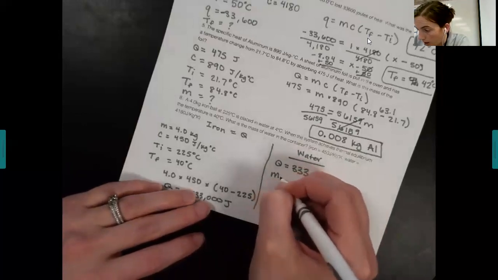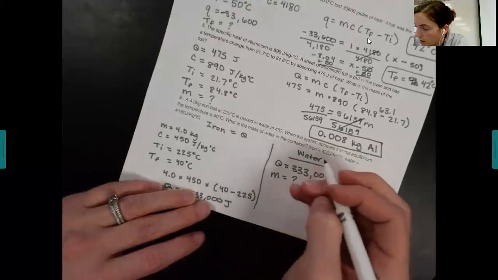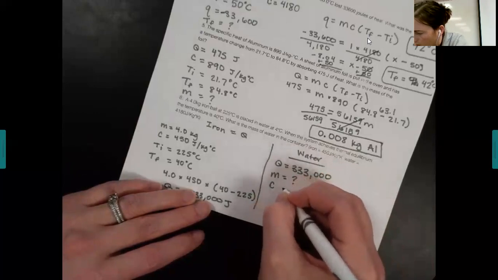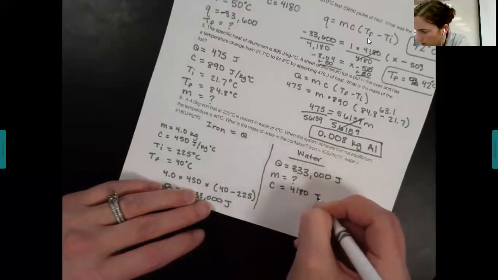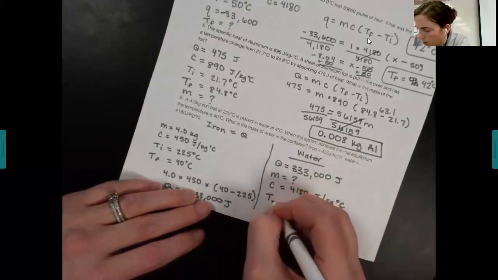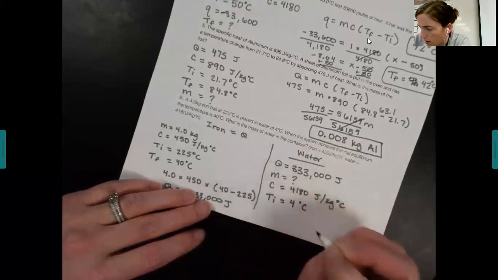Okay, let's see. We don't know the mass. We do know the specific heat for water, joules per kilogram degrees Celsius. We know that the initial temperature of water was 4 degrees Celsius.